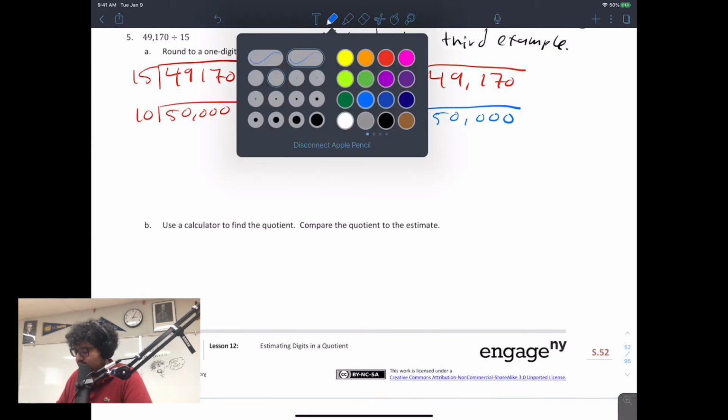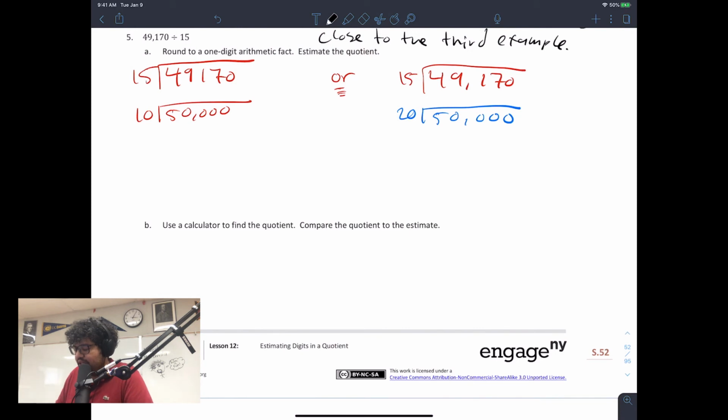Then this 0 and this 0 can be eliminated. So then I have 5,000 divided by 1. The 1 fits into the 5,000 times. So here my estimate could be 5,000.